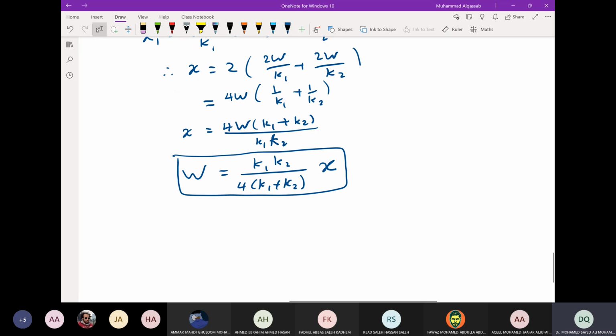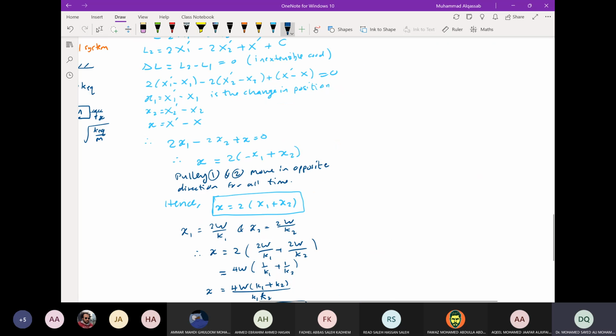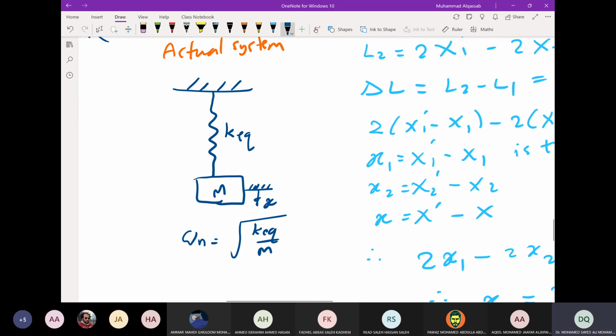So therefore, the K equivalent is equal to K1 K2 divided by 4 (K1 plus K2). Which means that the model we assumed as a spring mass system will have K equal to K1 K2 divided by 4 (K1 plus K2).